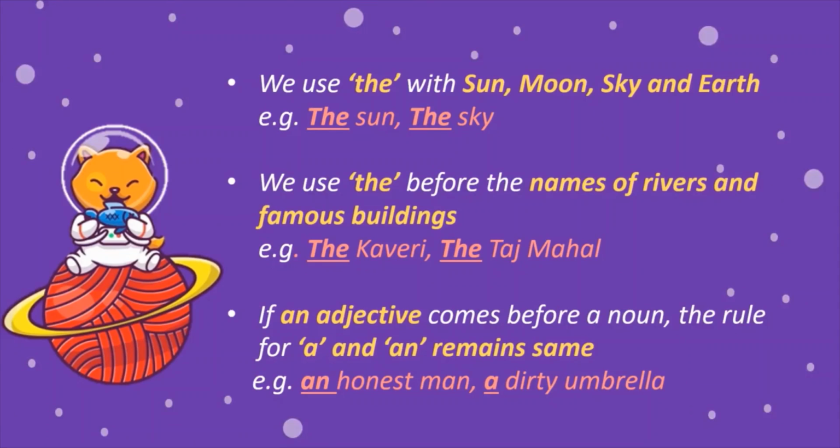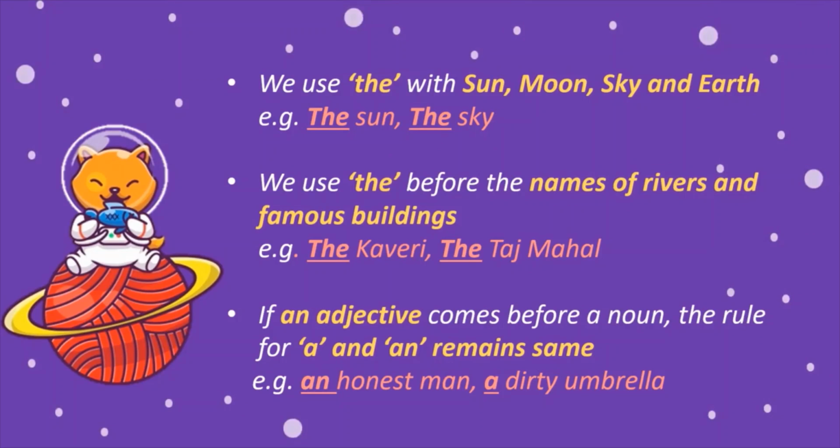Now, we use an before the word honest, which is an adjective, and as here the alphabet H is silent, and when we say the word honest, it sounds as O, so we use an. While in the second sentence, we use a, since D, the first alphabet of the word dirty, is a consonant.